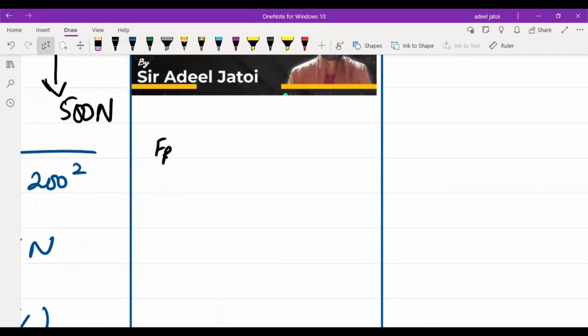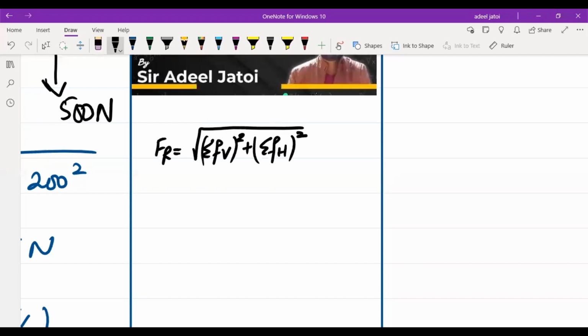FR, which means the force that is applied. So this would be square root of summation of FV whole square plus summation of FH square. Now, when do we apply this? When we have multiple forces. When we have multiple forces, which means if two forces are going upward, then obviously we'll be adding them.